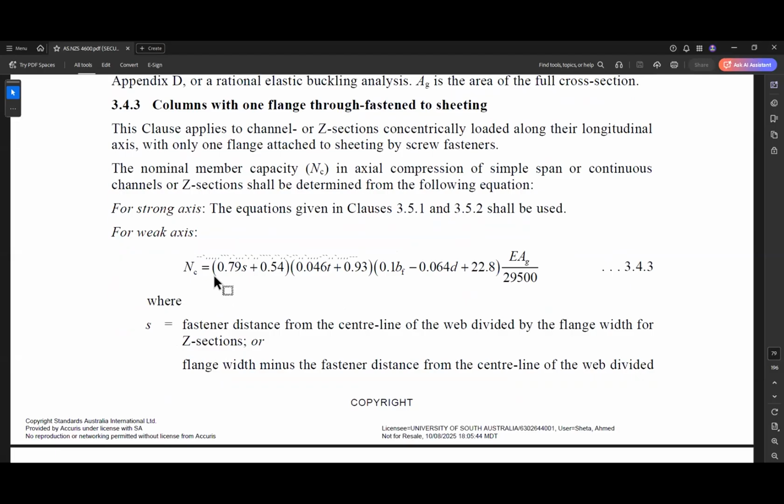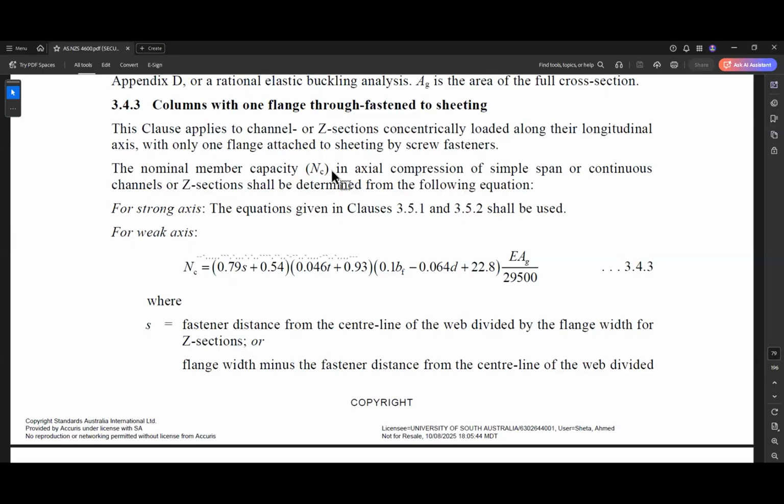Nc equals (0.79 S + 0.54) multiplied by (0.046 t + 0.93) multiplied by (0.1 bf - 0.064 d + 22.8) multiplied by E Ag divided by 29,500. So in this case we have a direct formula if we have weak axis.